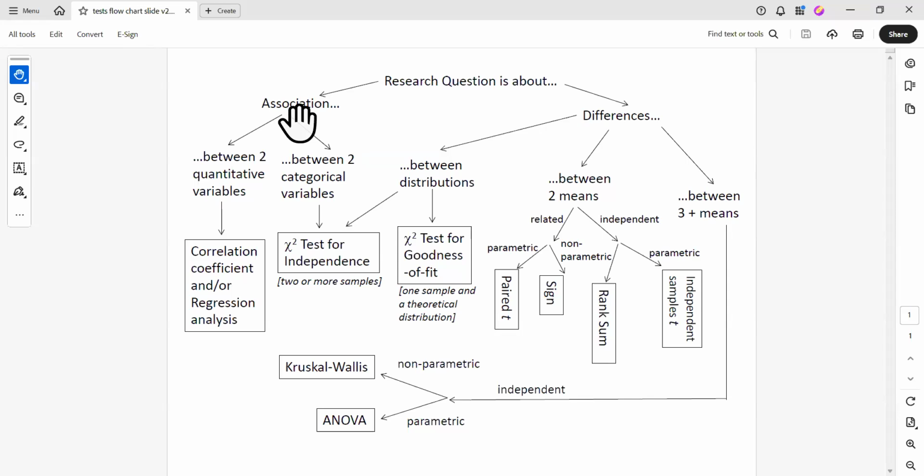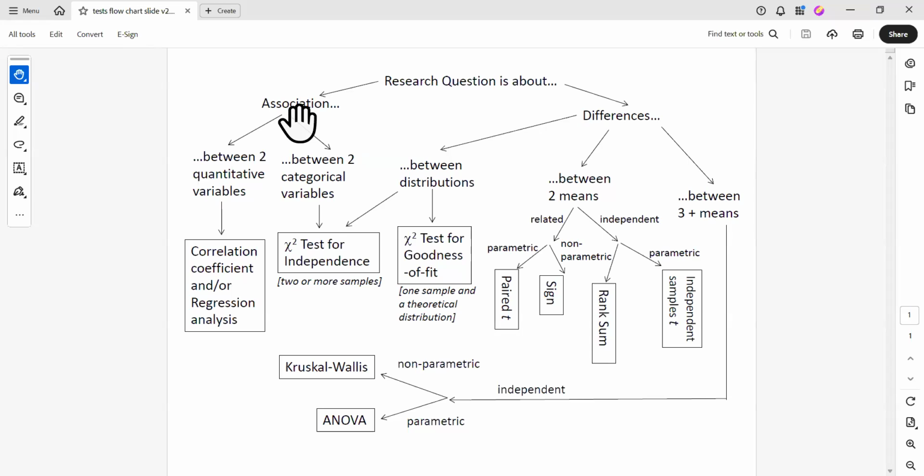All right. So ANOVA is basically an extension of the independent samples t-test to three or more means. The non-parametric equivalent to this test, if the assumptions for ANOVA are not met, is called the Kruskal-Wallis test. So that is the non-parametric test to do if you have independent groups and three or more means to compare.